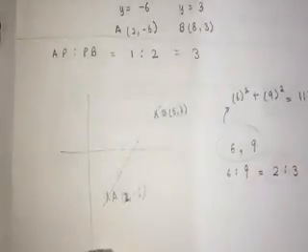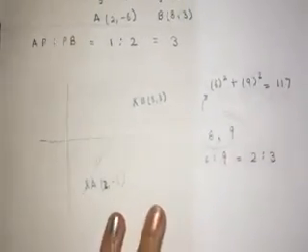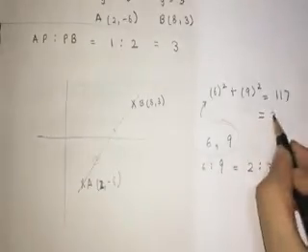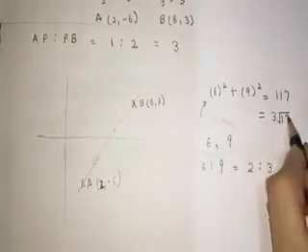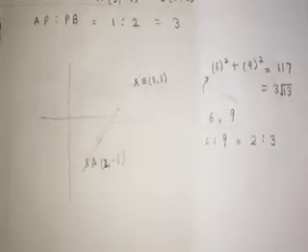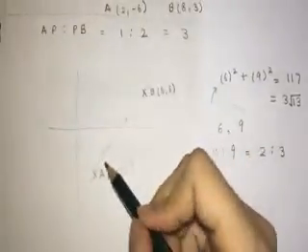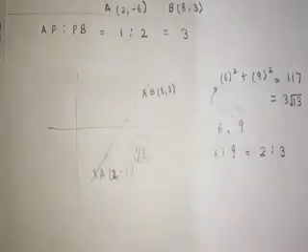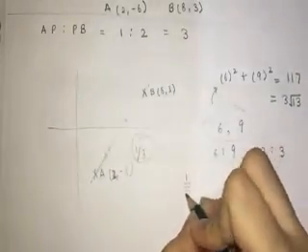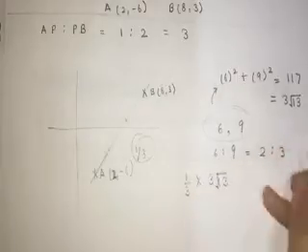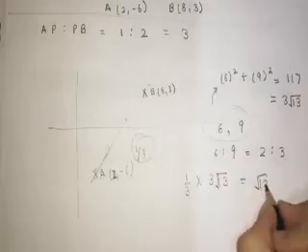You can calculate that using your calculator. And this can also be written as 3 root 13. Since this part is 1/3 of the line, 1/3 multiplied by 3 root 13 gives us root 13.